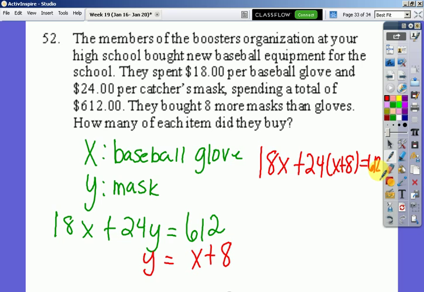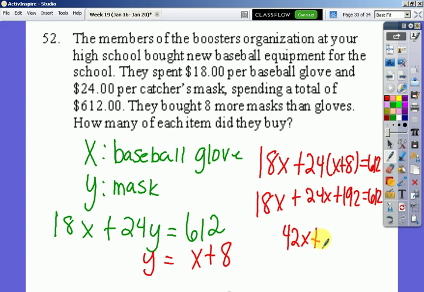And so when you do the distribution, you get 18x plus 24x plus 192 equals 612. Combine your like terms. You get 42x plus 192 equals 612. Subtract 192, isolate your variable, and divide. You get x equals 10.